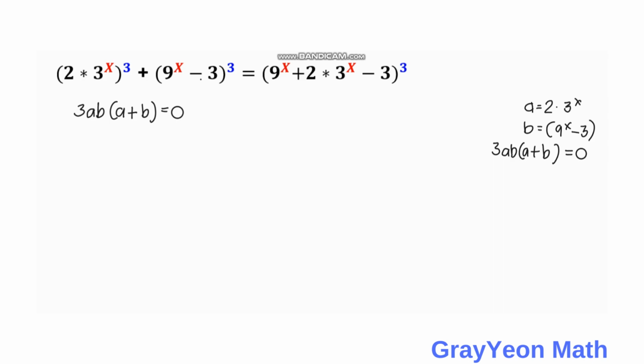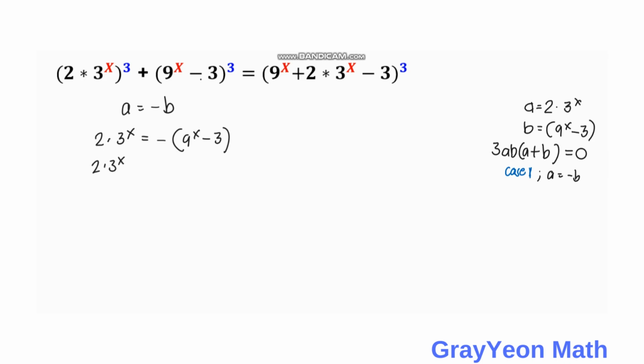Case 1: if we divide both sides by 3AB, the 3AB cancels out, then A is equal to negative B. Knowing that A is equal to 2 times 3 raised to x, and negative B is equal to negative 9 raised to x minus 3, simplifying, we have 2 times 3 raised to x is equal to negative 9 raised to x plus 3.